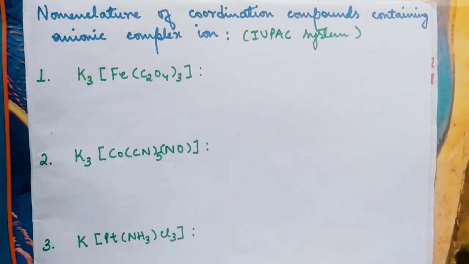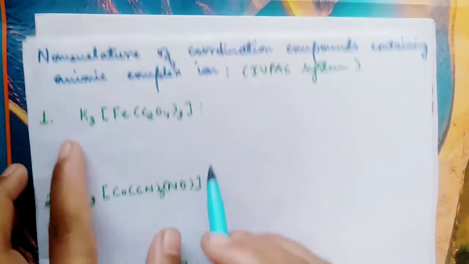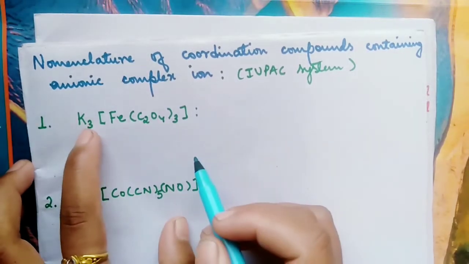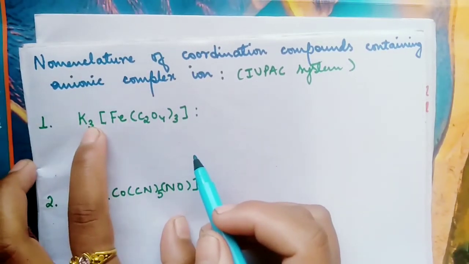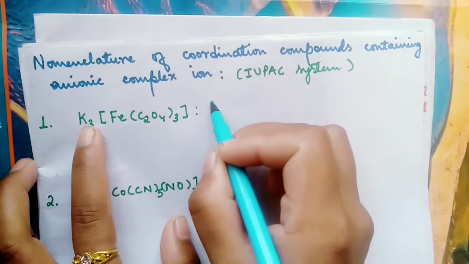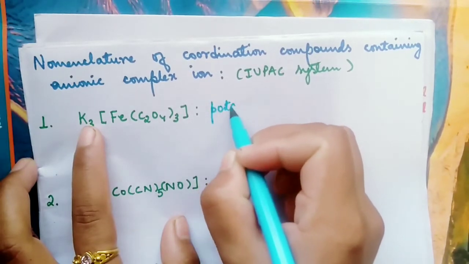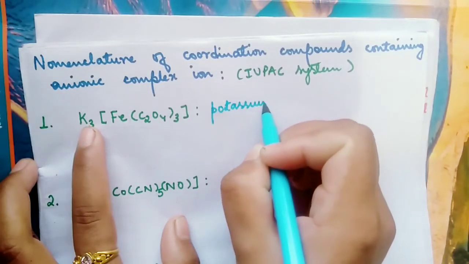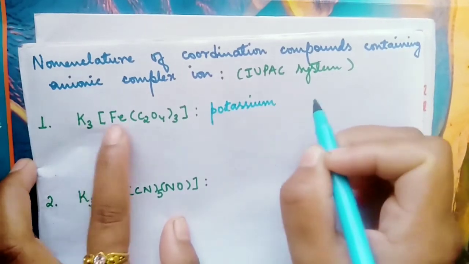So how to name this? As I have told you, for the trick, start with the counter ion. So this is your counter ion. For the counter ion, this subscript is not considered, so start with a small letter. Potassium, this one is potassium, and then leave some space.